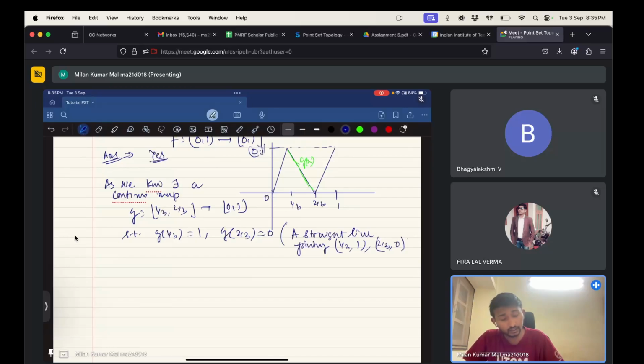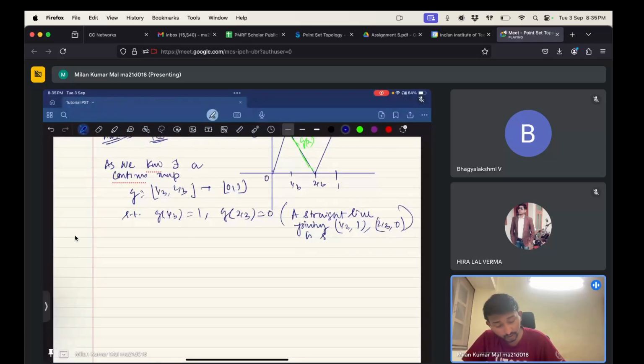There is a straight line connecting these two points, right? And that straight line is this blue line I have drawn. A straight line is such a type of function.